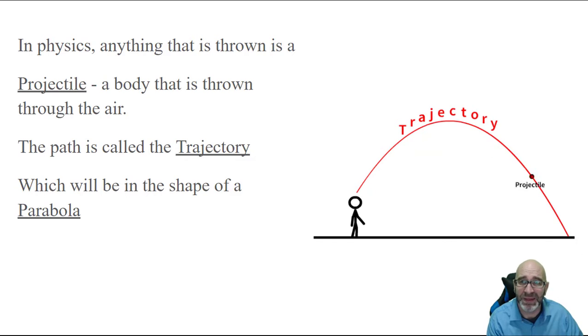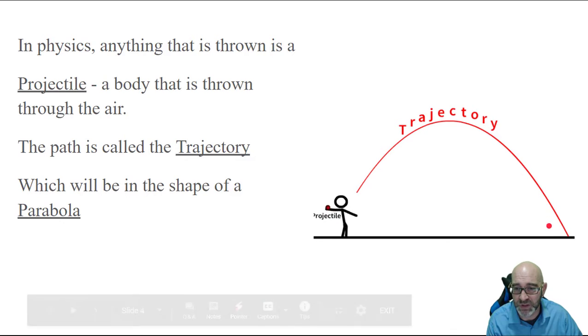The path that a projectile takes is called the trajectory. And this trajectory will be in the shape known as a parabola, which is this shape here, kind of this curve.